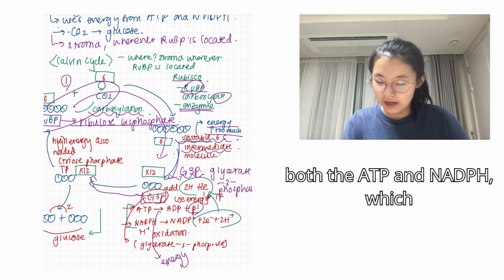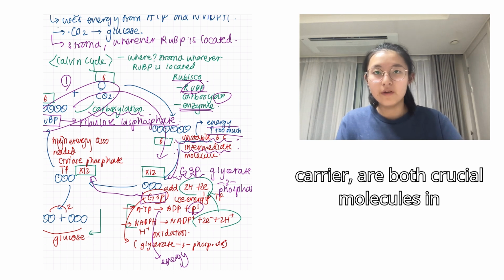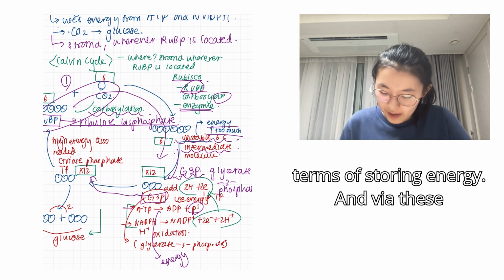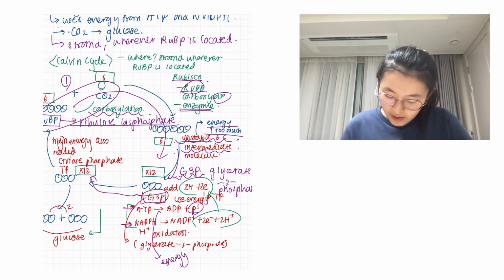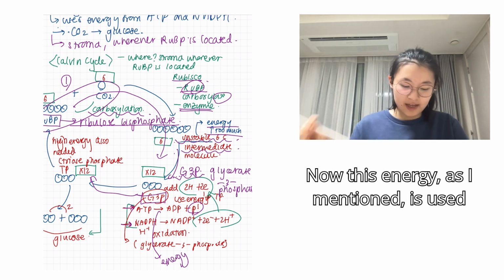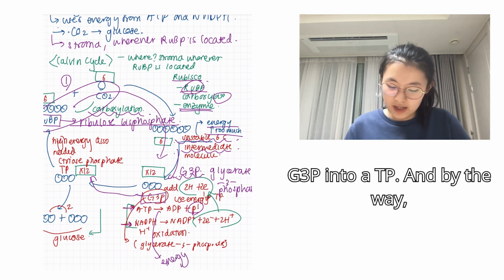That's why both ATP and NADPH, which is a reduced hydrogen carrier, are crucial molecules in terms of storing energy. And via these processes, we are going to get energy. Now, this energy, as I mentioned, is used to convert this G3P into a TP.